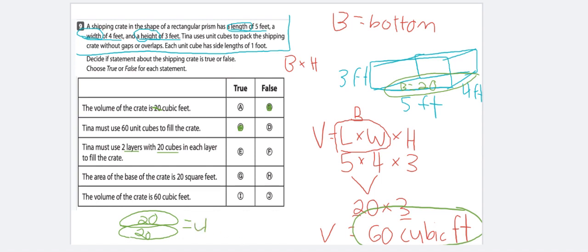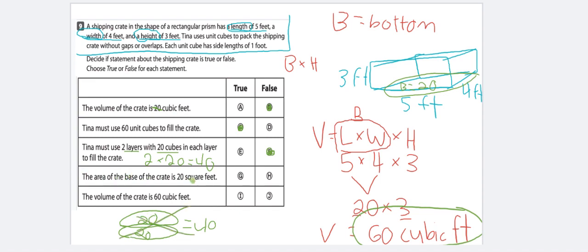That would equal 40. Was the volume 40? No, it was not. So I know this statement has to be false because I know 2 times 20 equals 40, and the volume was not 40. So I know that statement was false.